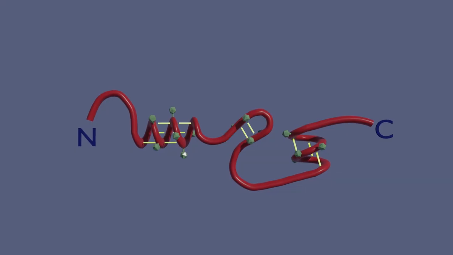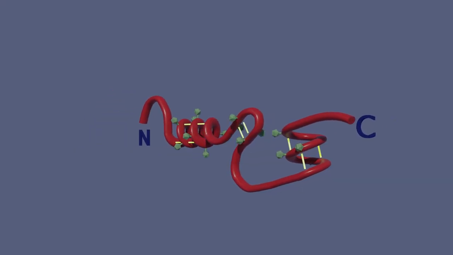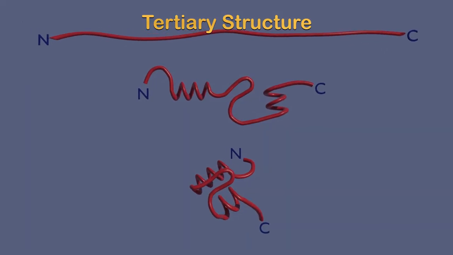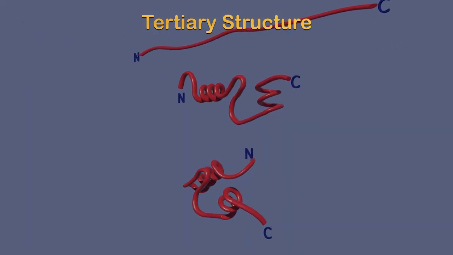In this way, R group interactions can occur between distant residues in the polypeptide to drive the next level of folding. This higher level folding of the polypeptide is the tertiary structure. This is the folded state of the protein where its unique structure confers its particular biological function.